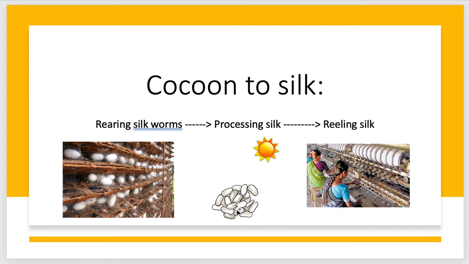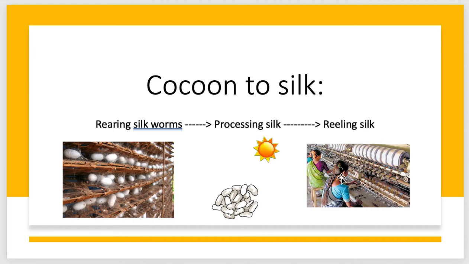So then these cocoons are exposed to steam, or boiled in water, or kept in the sun, as you can see in this picture. And so that the silk fibers will separate, and then these silk fibers, the threads, are taken from the cocoon and are used to turn it into silk. And this process is called reeling of silk.